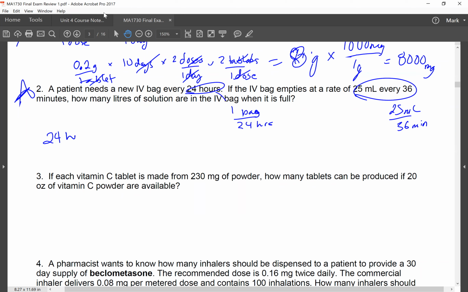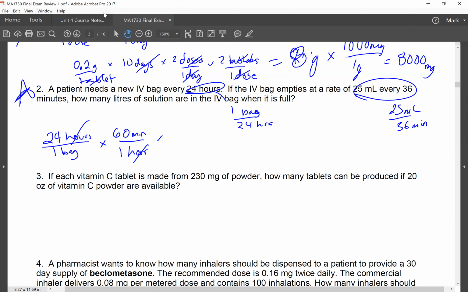So 24 hours per one bag. First things first, I have milliliters and minutes, so the first thing I'm going to do is convert this to minutes. There are 60 minutes in 1 hour. So they cancel, and now I can figure out how many minutes are going to last one bag.